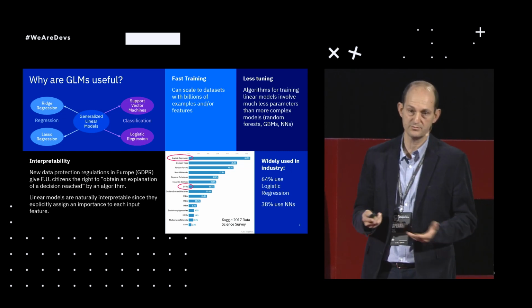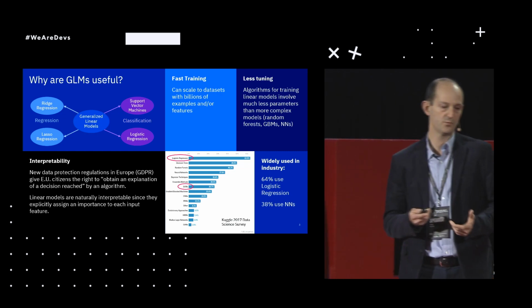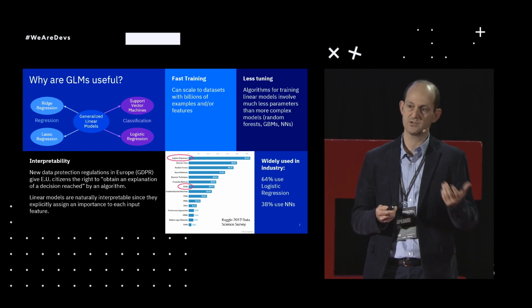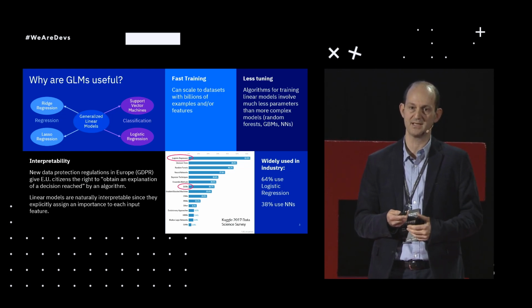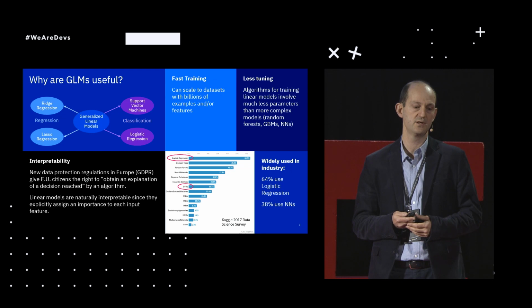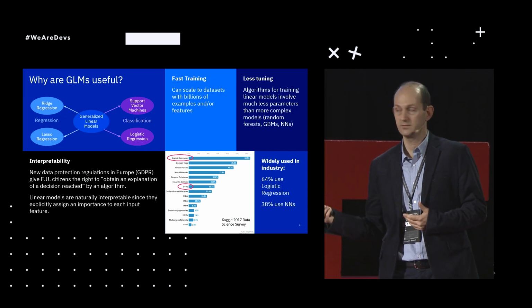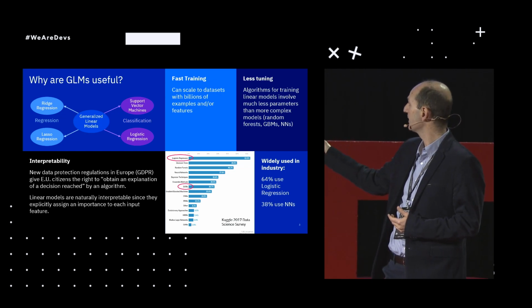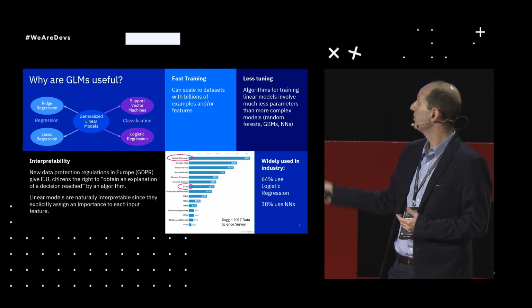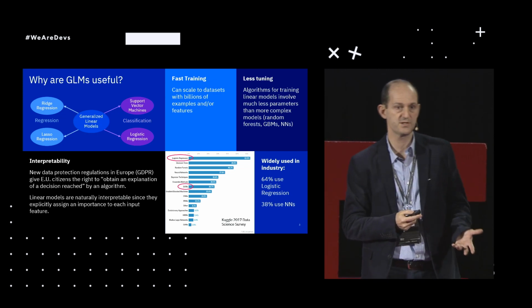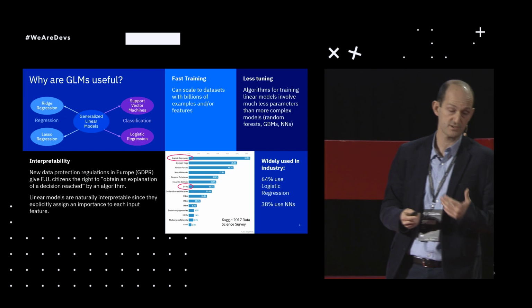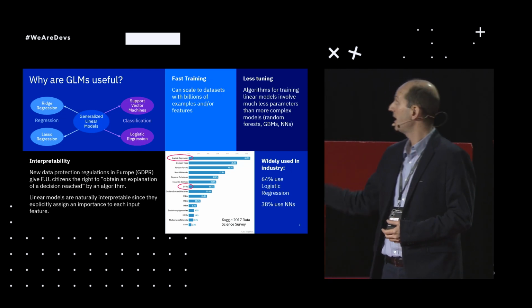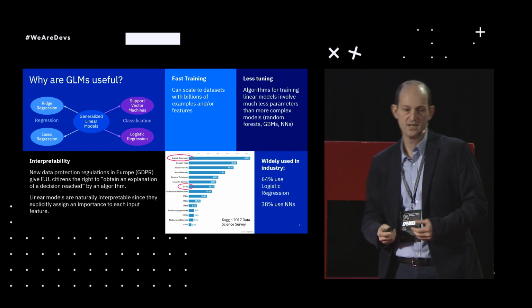For example, linear regression is a celebrated linear model. There is also lasso regression, which is basically a sparse version of linear regression. On the other side, we have classification. Support vector machines are a very popular model which falls under this category, as well as logistic regression.